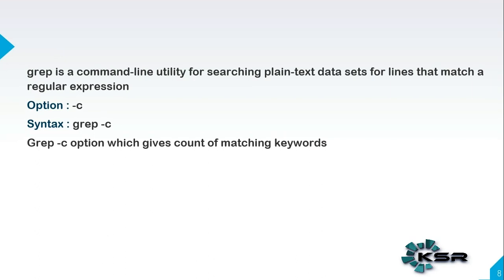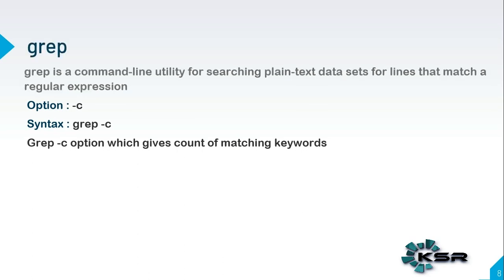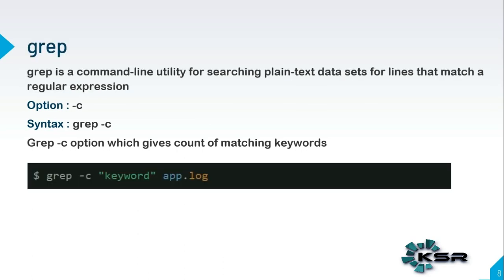Yes. Next is grep. The grep command is a command line utility for searching plain text data sets for lines that match a regular expression. Let's say you want to search for a keyword in the Linux server XYZ. If you use grep with XYZ, then you will be able to get it. So grep the keyword with any log name or file name.